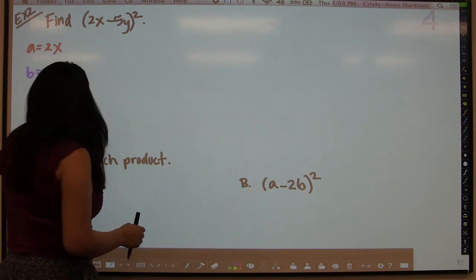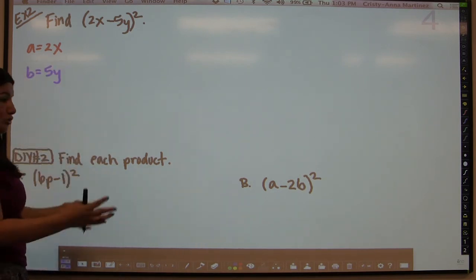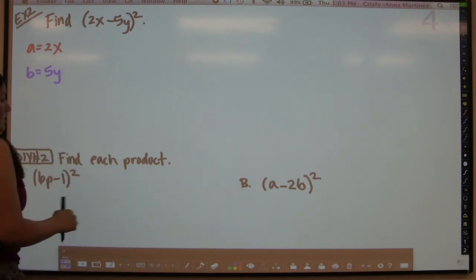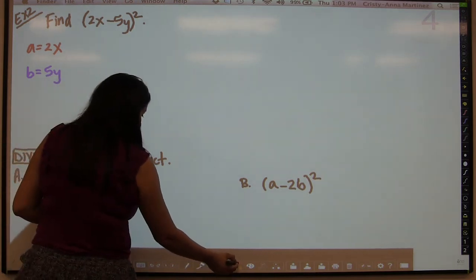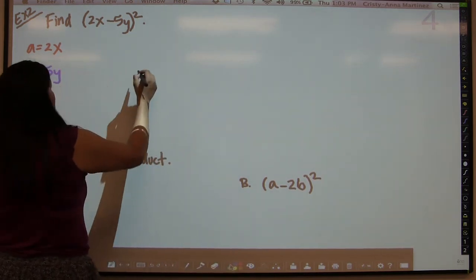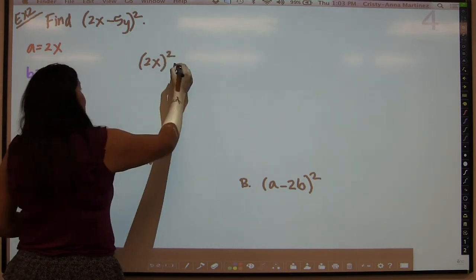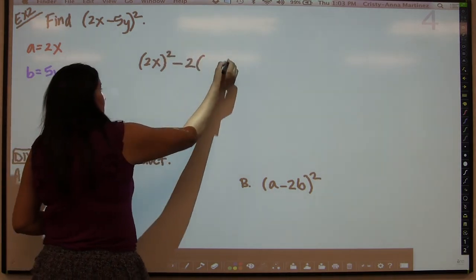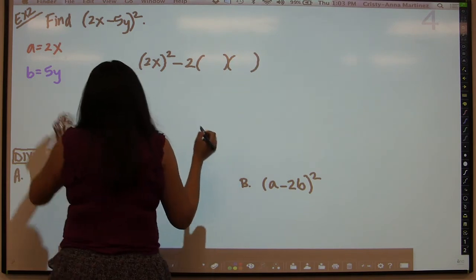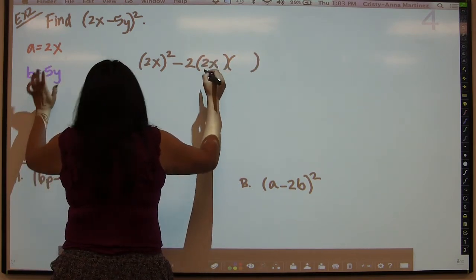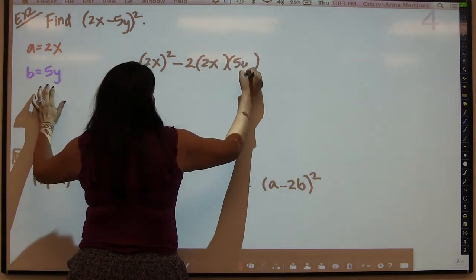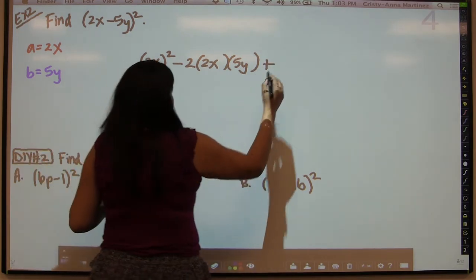So if you put negative 5y, you're going to have an extra negative in there, so you don't want to do that. So we're going to do a squared, which is 2x squared, and this is going to have minus 2 times a times b, and a is 2x, and b is 5y, and then plus b squared.